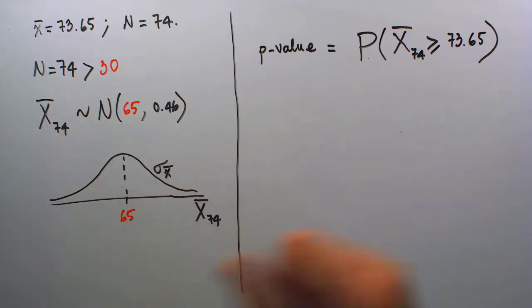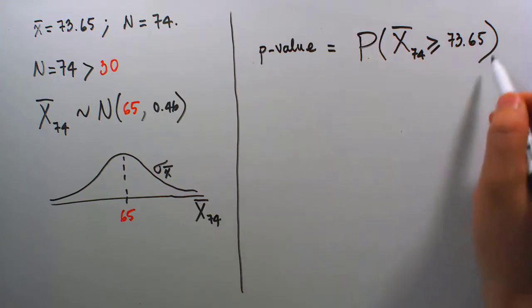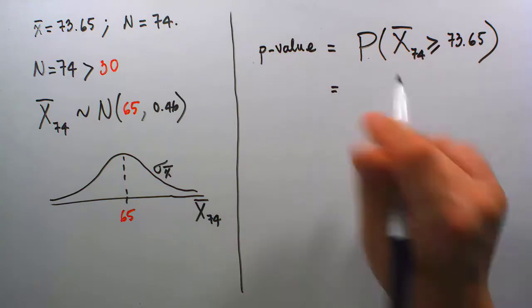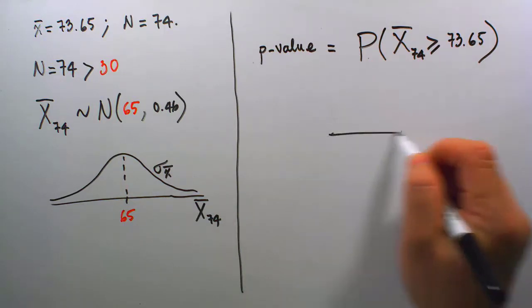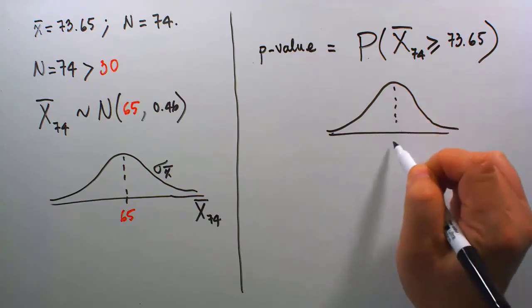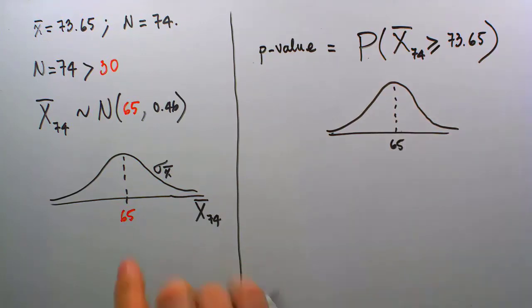My point is that once we know our distribution of all sample mean values is on a bell curve, then the calculation of our p-value can be done as a bell curve problem, where we can simply think of a bell curve centered at 65, just as drawn here in the picture.